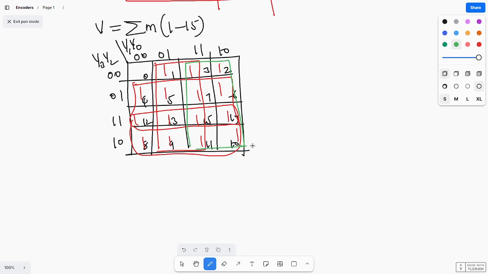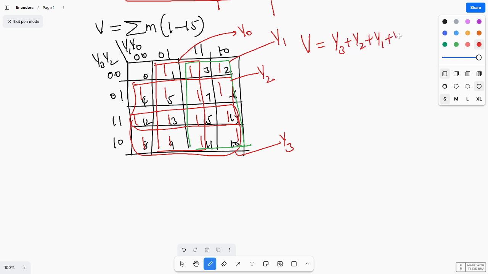For this one, what is this? This is y3. What is this? y2. Which is common? y0. What is this? y1. So V equal to what will you get? V equals y3 plus y2 plus y1 plus y0.